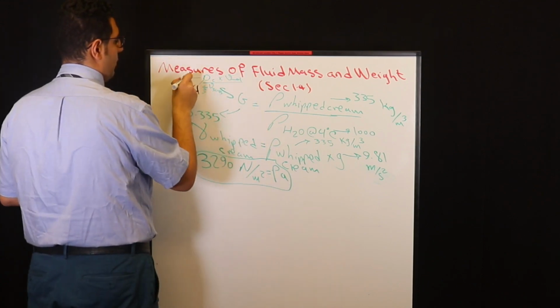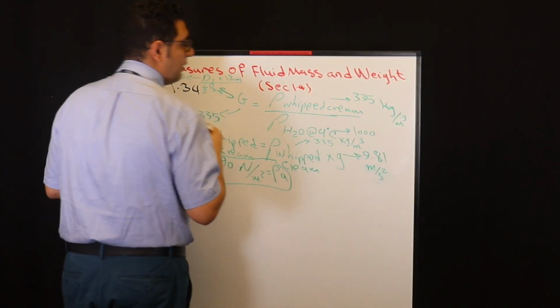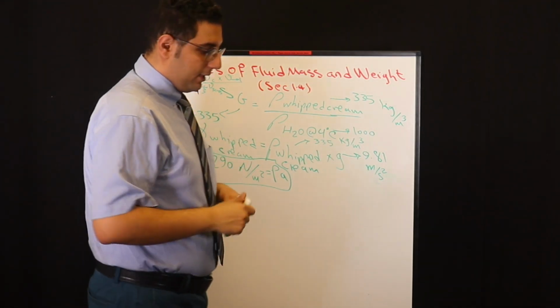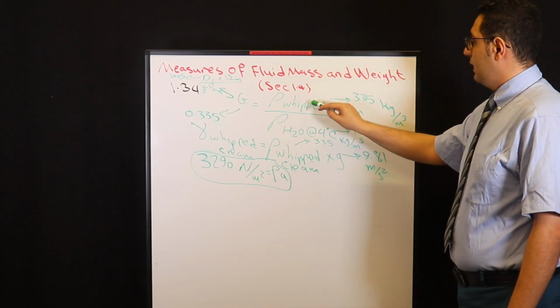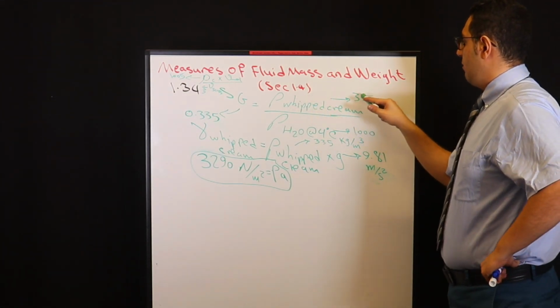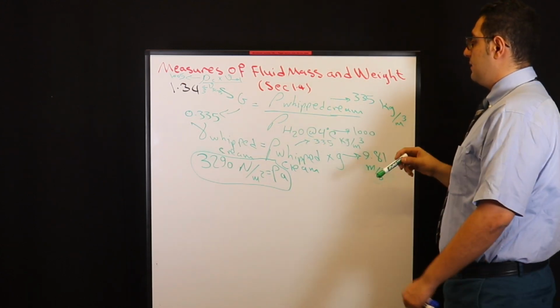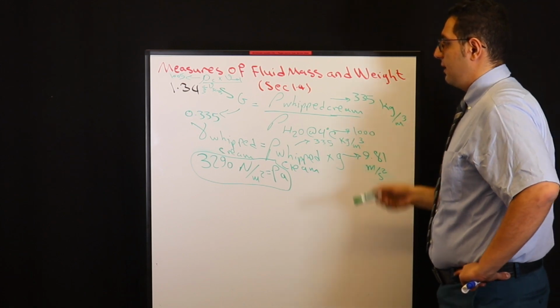We had 1005 here, which we gained 335 kilogram per cubic meter here. And for specific gravity, we had to substitute the density of whipped cream here, which is 335 kilogram per cubic meter, divided by density of water at 4 degrees Celsius, which is 1000.